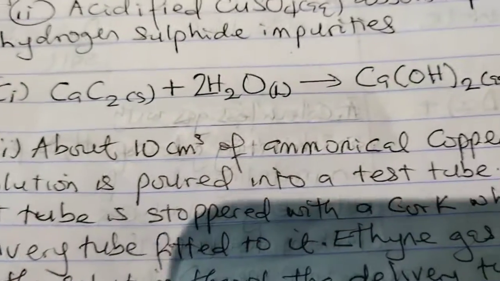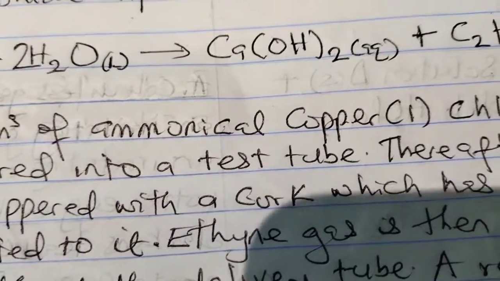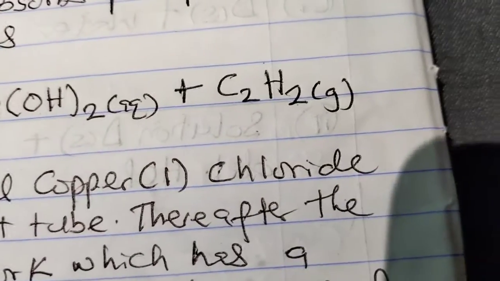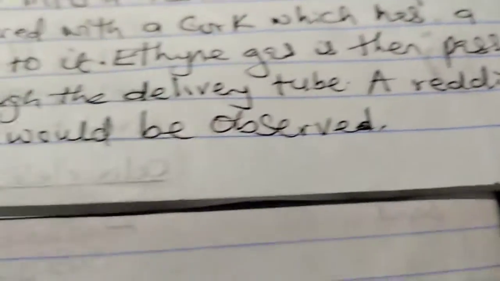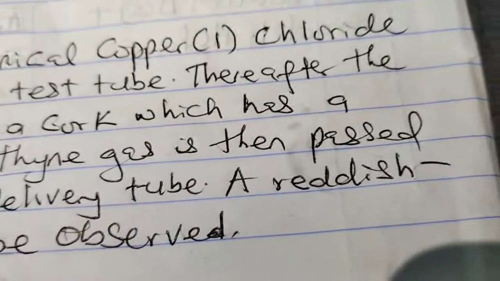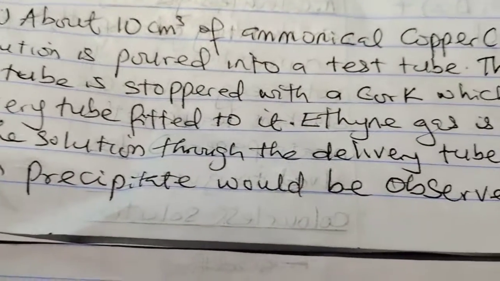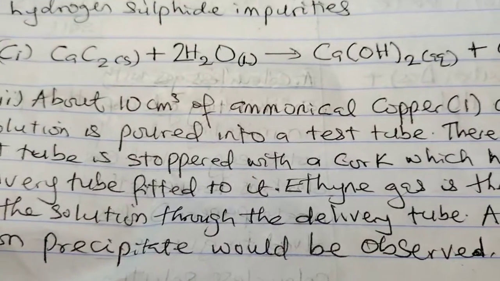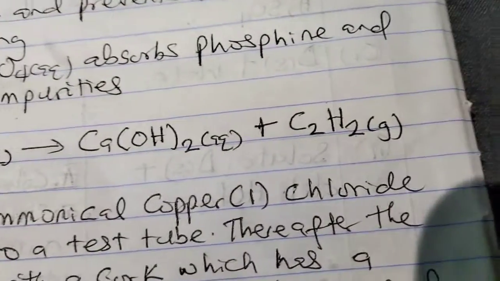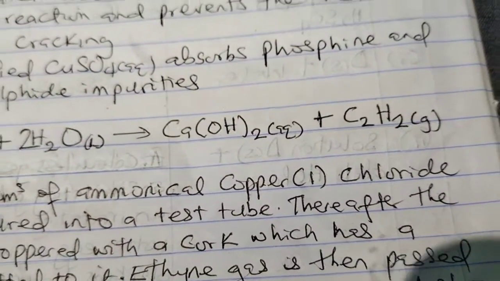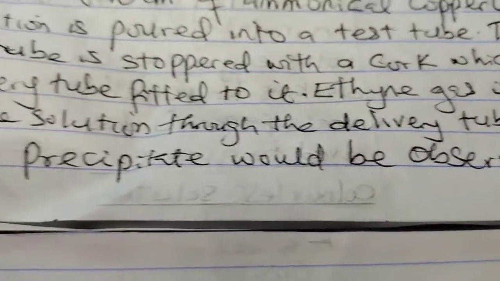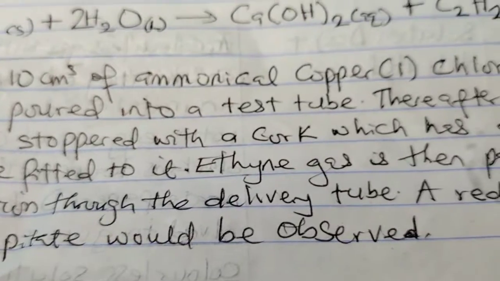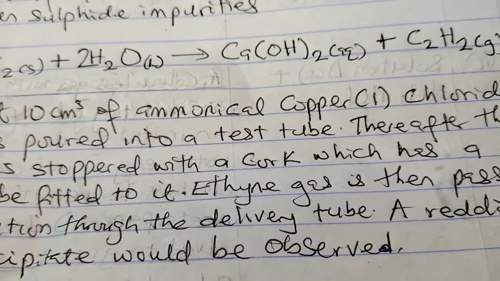So the reddish brown precipitate should be replaced with a whitish yellow precipitate will be observed. So that is it.